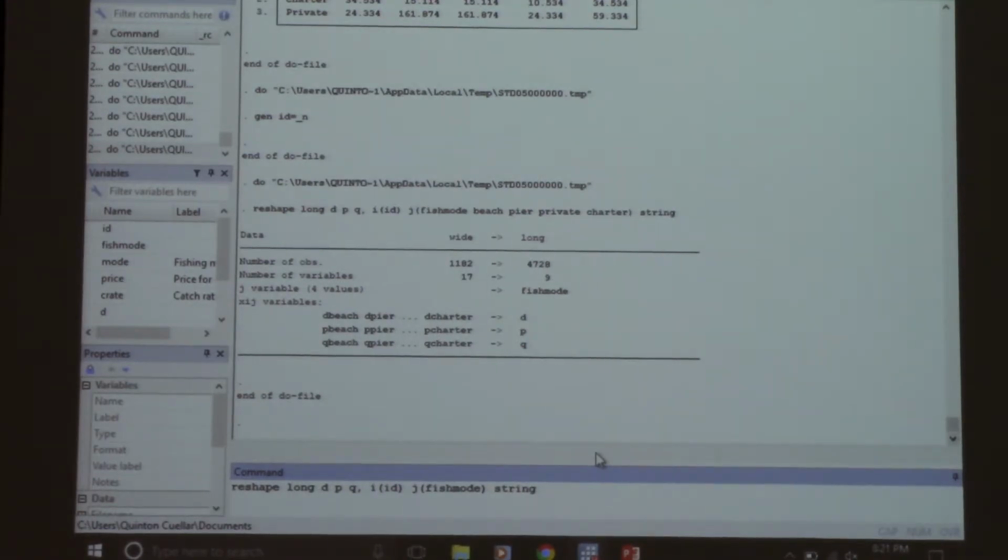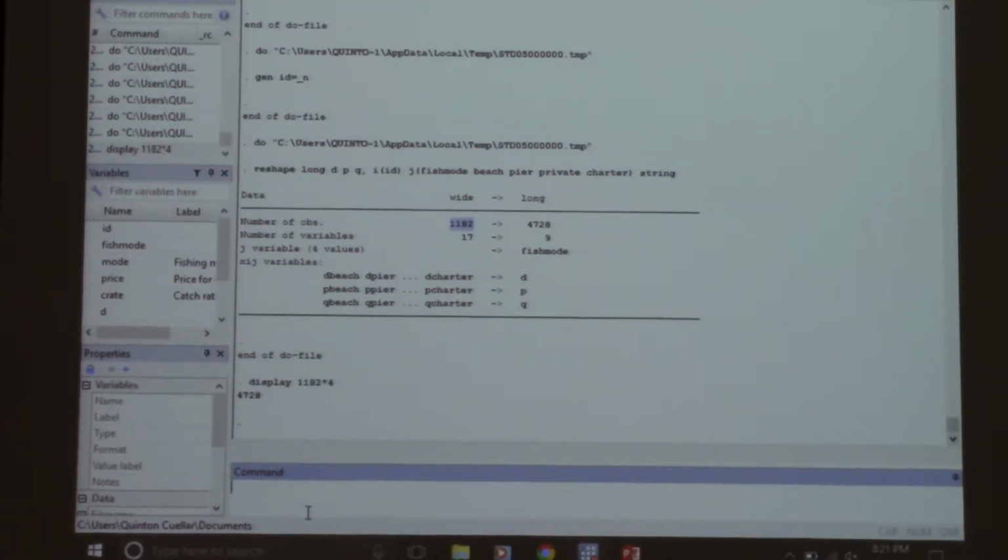Remember, we started out with 1,182 observations in wide form. We go to 4,728 in long form.